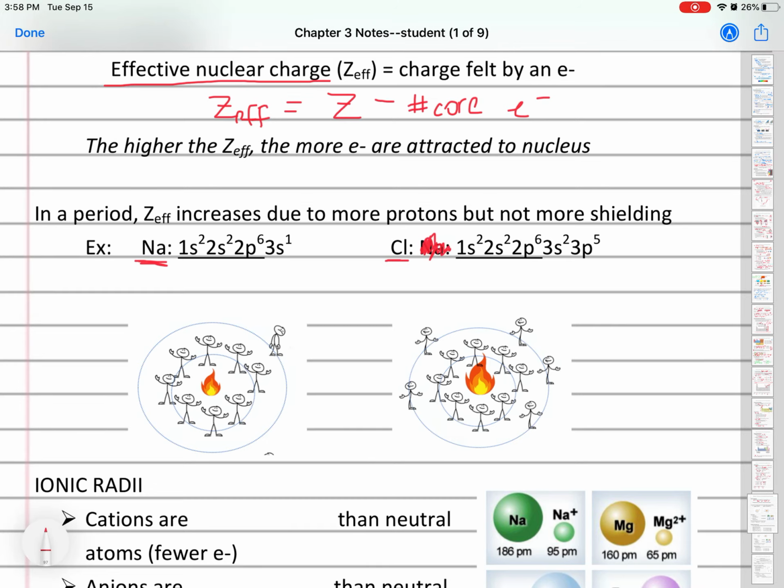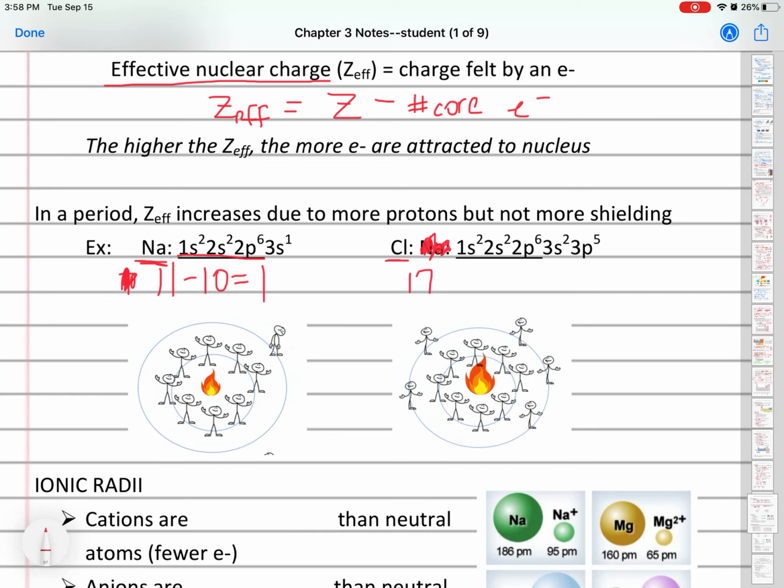Scratch that out. That doesn't make sense there. Okay, so the effective nuclear charge for sodium is going to be Z, 11. Sodium is element 11, minus the number of core electrons. These are the core electrons. There's 10 of them. So that has an effective nuclear charge of 1. The valence electron there feels a very small effective nuclear charge.